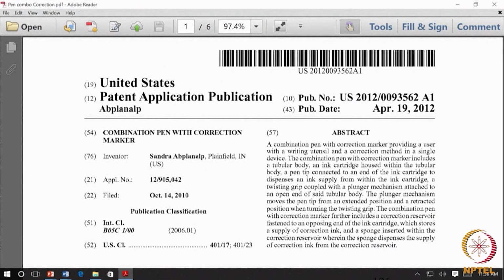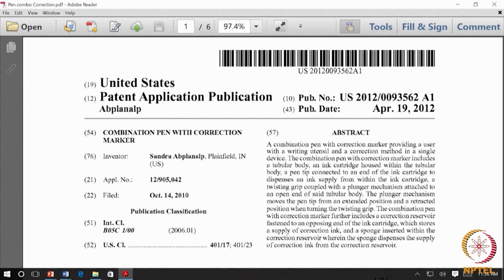Following this, we will also be showing you an Indian application so that you can understand. It is by and large the same, but the formatting in which the patent specification is done by the US Patent Office is much easier to understand, and it has all the details in one place.